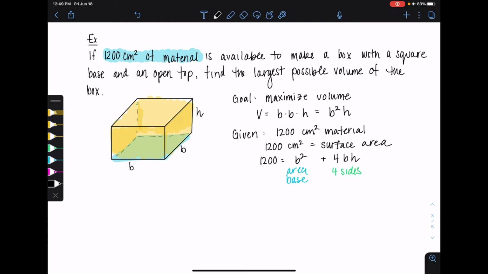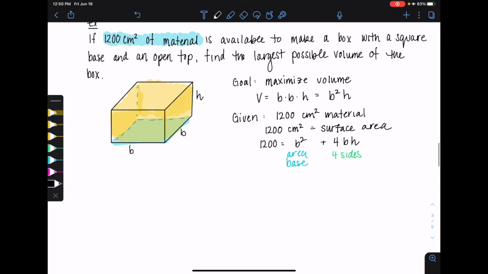All right. So with that piece of information, again, I can rewrite V in terms of one variable. So we can solve the given info for h. That's probably going to be our easiest variable to deal with. So we've got 1200 is equal to b squared plus 4bh.